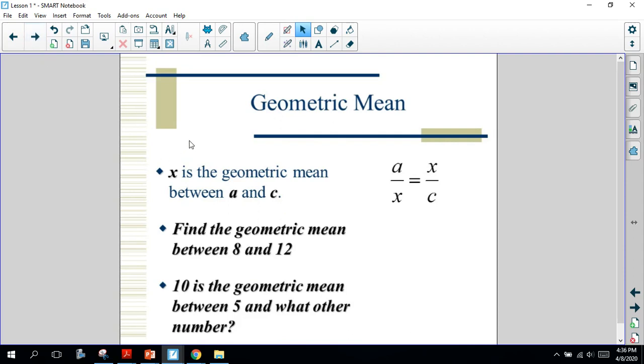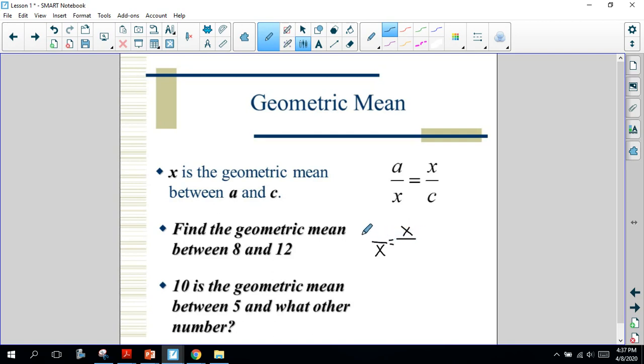Continuing a little bit of review here, we talked about a geometric mean in the previous chapter. A geometric mean is a proportion like we have here where the means repeat as the same number. So to quickly review, find the geometric mean between 8 and 12. I would set this up as a proportion with the geometric mean, or x, repeating, because we're asked to find the geometric mean.